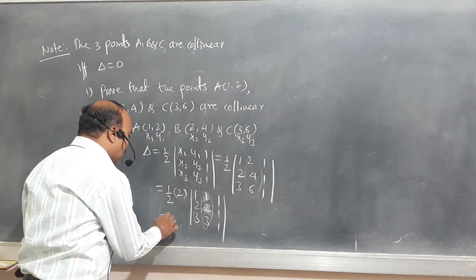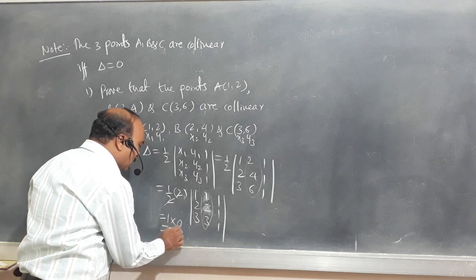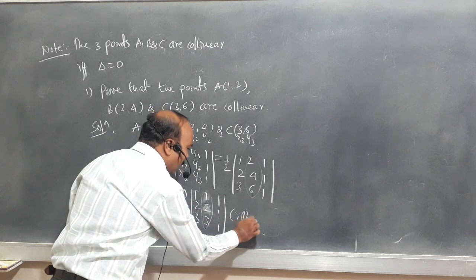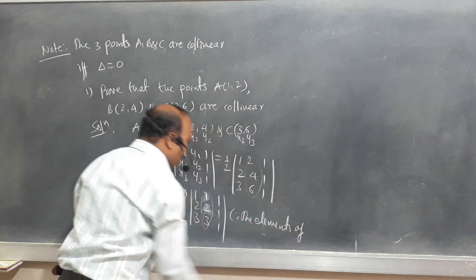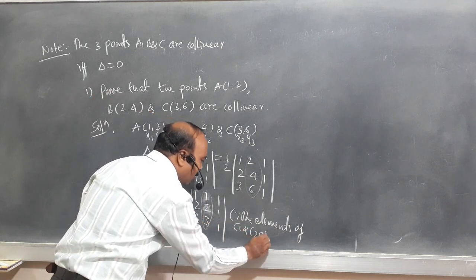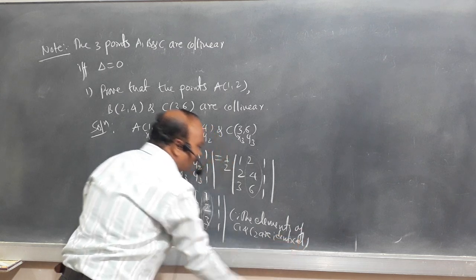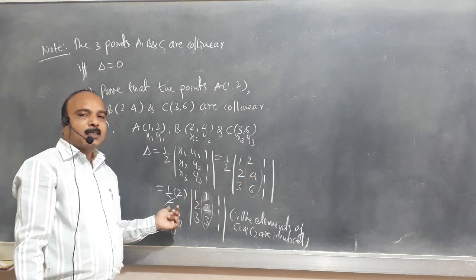Therefore it is written as 2 times 0, and the answer is equal to 0, because C1 and C2 are identical by the second property, and the common factor is taken by the third property.